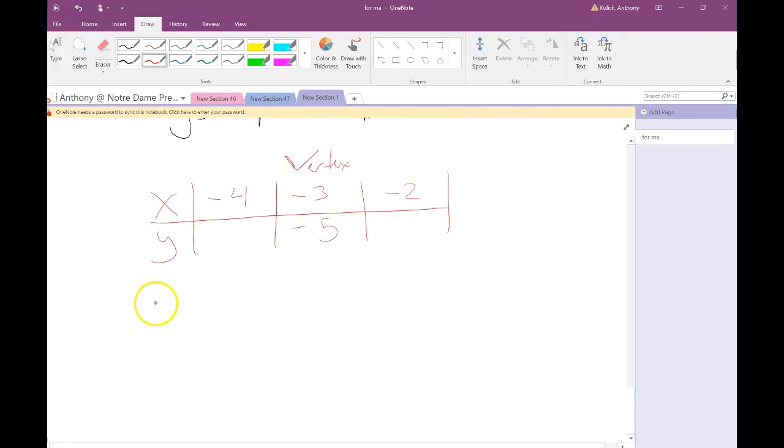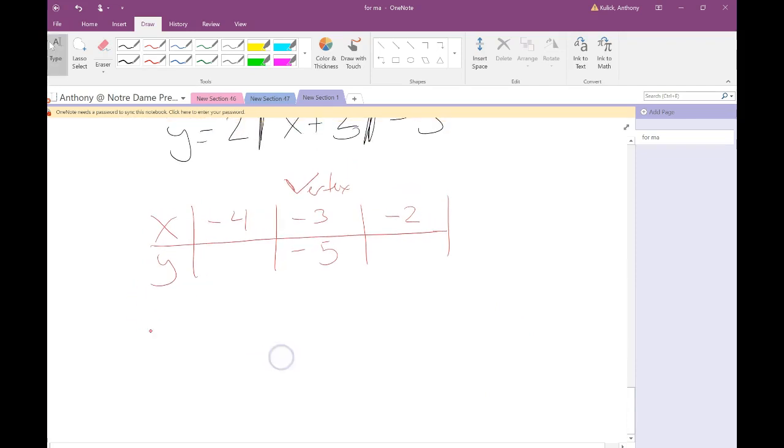Now to find the y-coordinate, all I'm going to do is plug my x into the y spot and simplify.